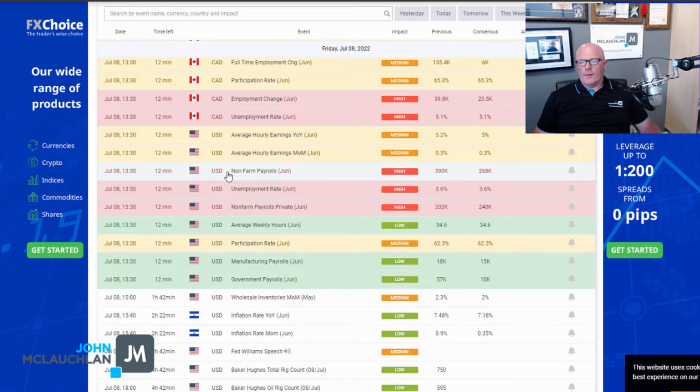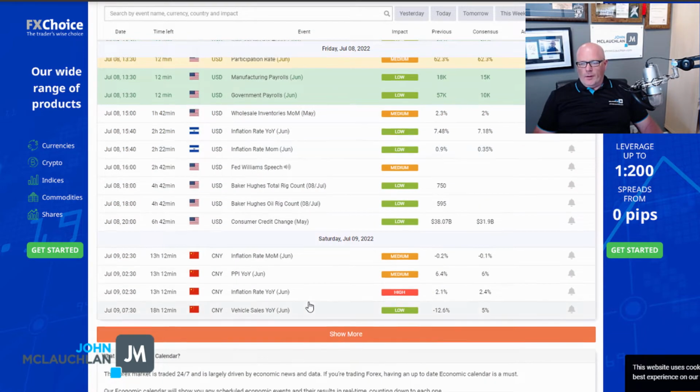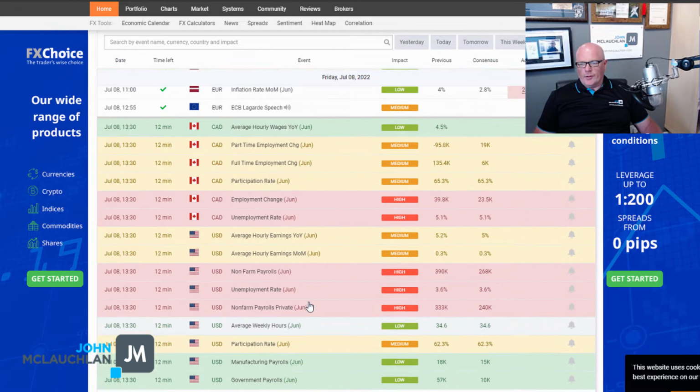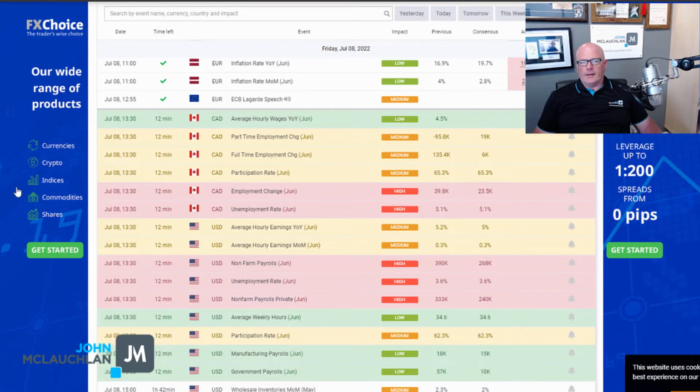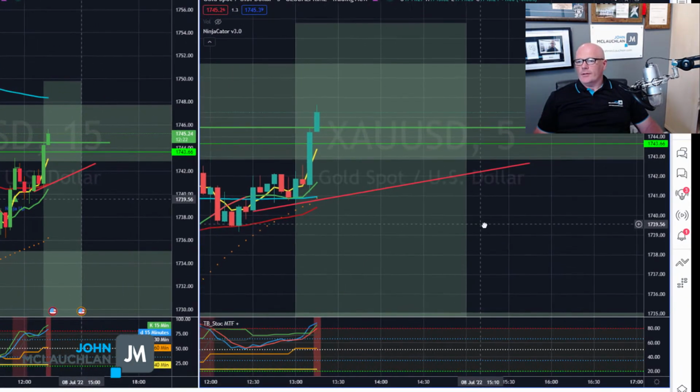I've also got non-farm payroll, which is interesting. All high priority, and non-farm payroll probably the most important news in the trading calendar.